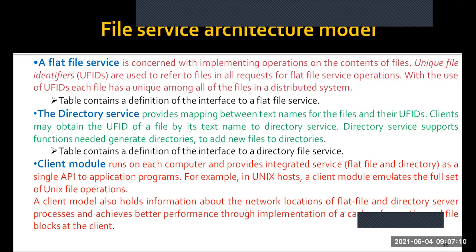Okay, right? So flat file service lo em jarugutundi, unique file identifiers use cheskuni మనం ఆ ఫైల్స్ మీద ఆపరేషన్స్ ని పర్ఫామ్ చేయొచ్చు. Okay, and coming to the directory service, it provides the mapping between text names of the files and their UFIDs. So UFIDs are the unique file identifiers. Actually the users or the clients know the files by the file names itself. They don't know about these file identifiers.